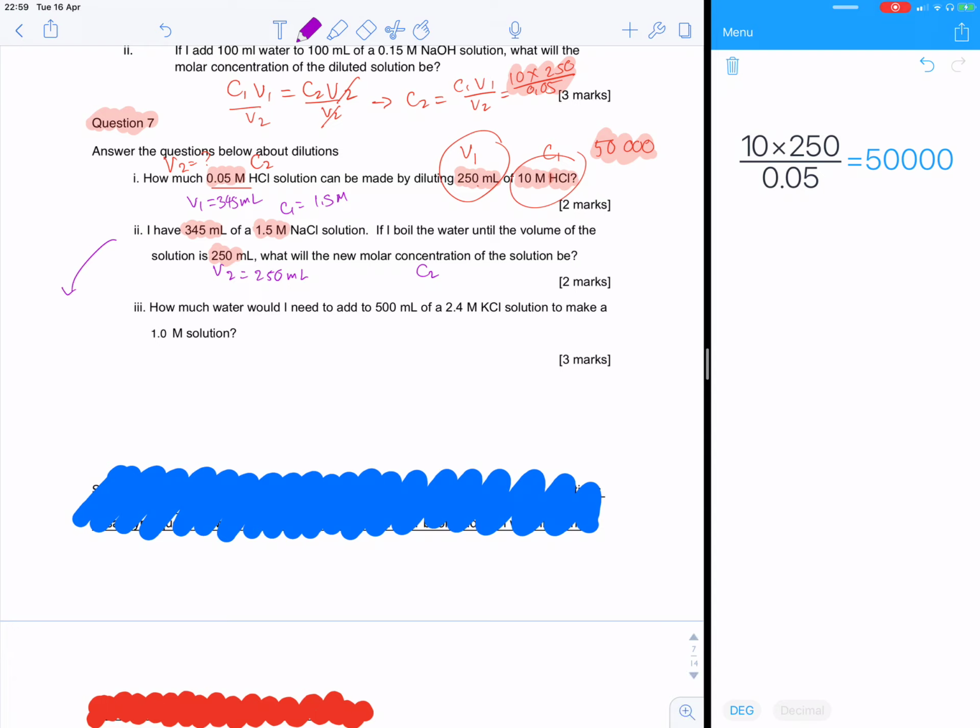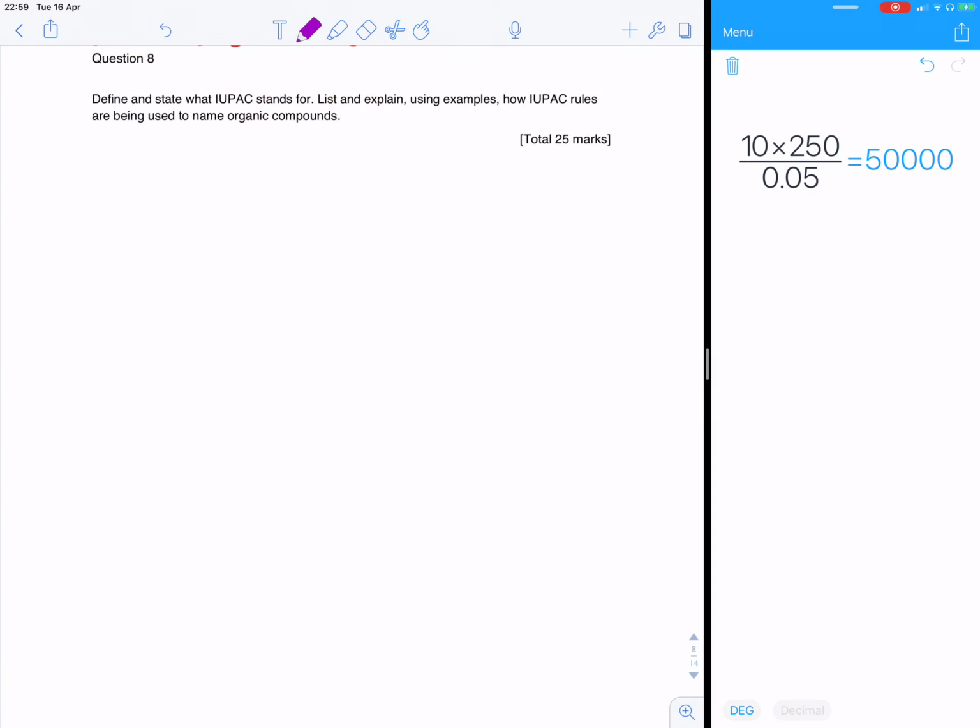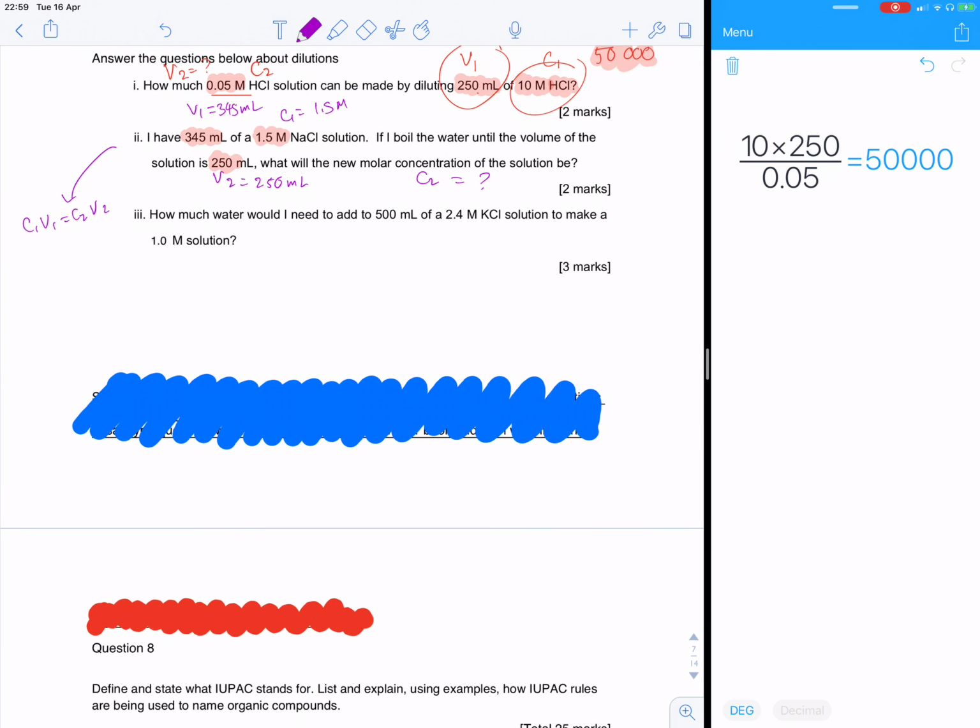So for this one, I'm looking for C2. C1 V1 equals C2 V2, which means I'm going to divide by V2, so I'm left with C2. So C2 equals C1, which is 1.5, multiplied by V1, which is 345, and divided by V2, which is 250.